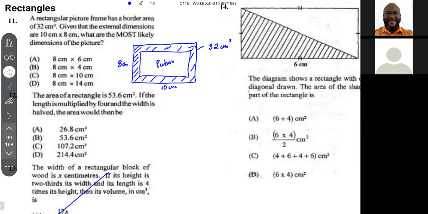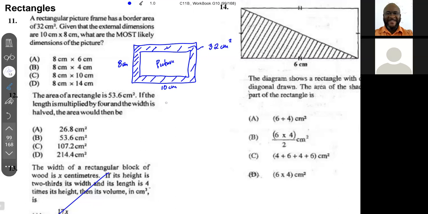Well, if I take away the border from the entire thing, 10 multiplied by 8 will give me the area of everything, including the picture.